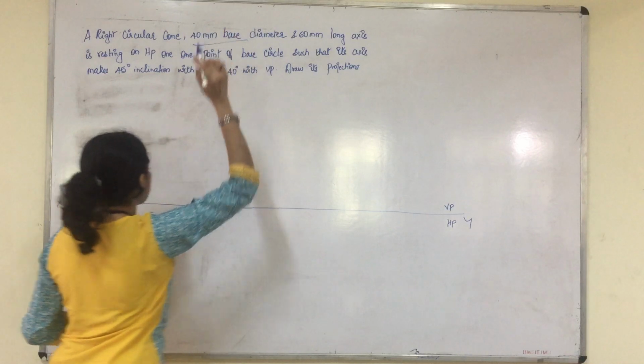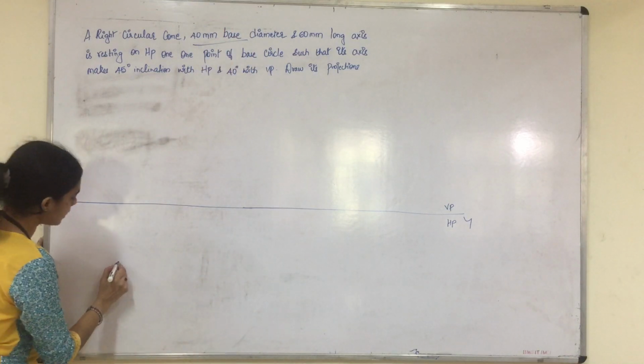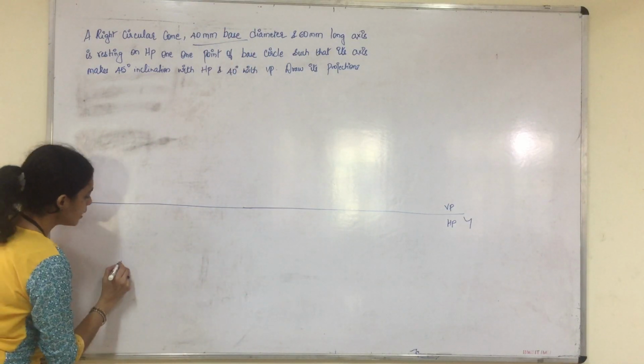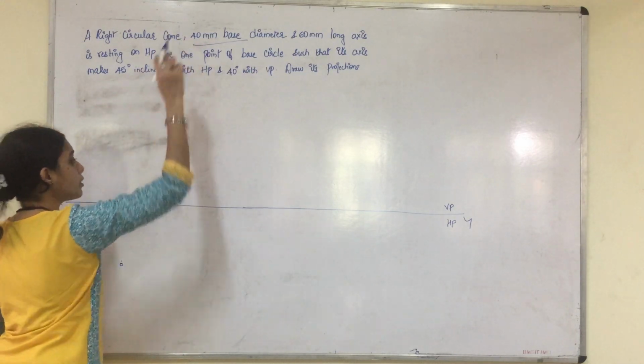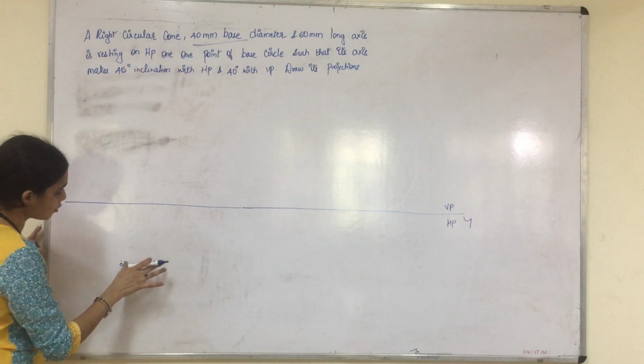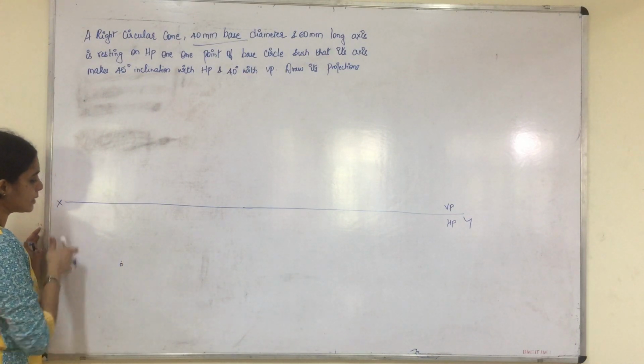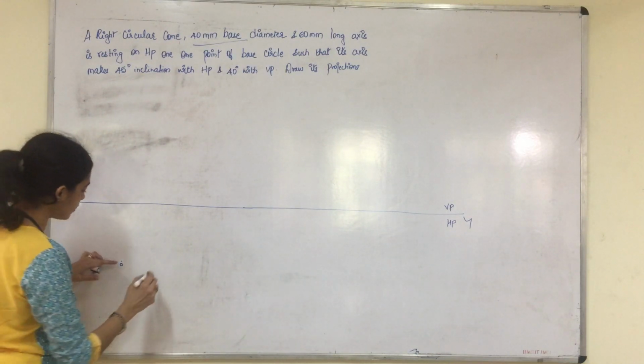It is 40 mm. So identify a center, name it O, and take the radius. If the diameter is 40, the radius will be 20 mm. Take a 20 mm radius and generate a circle.